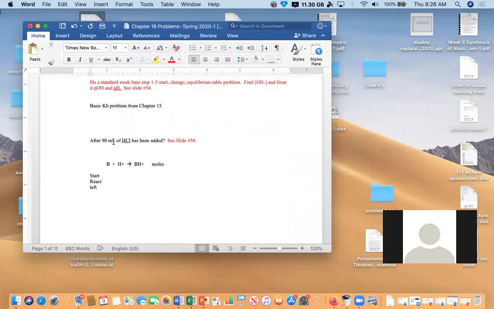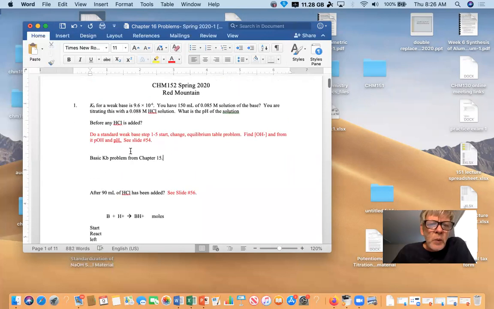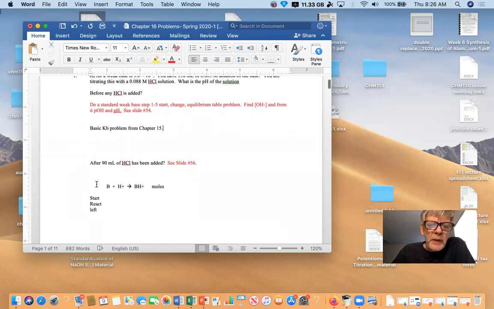So now in this one, we have our original weak base, and now we've added the second thing to it, and we notice that the second thing is our strong acid. So the weak base is going to react with the strong acid to make its conjugate. Since the reaction's taking place, we do it in units of moles. Basically, it's a limiting reactant problem that you learned about back in 151.